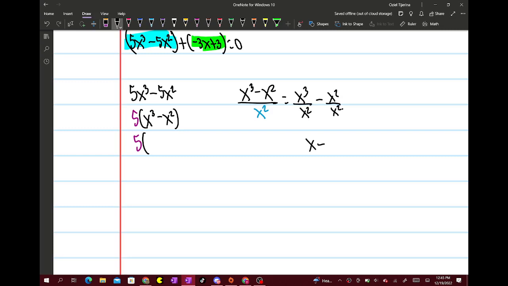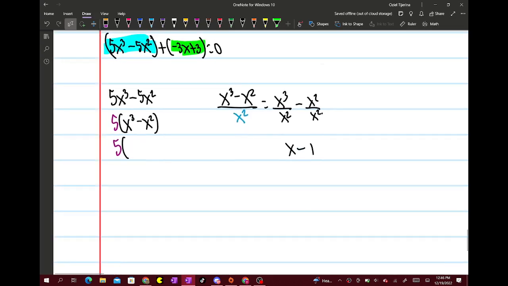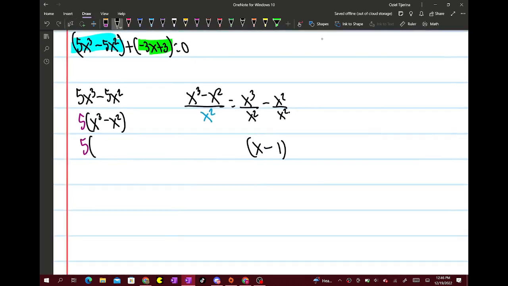This is x minus 1, so this would be 5 times, and if we multiply it back in, x squared times x minus 1 is x cubed minus x squared.